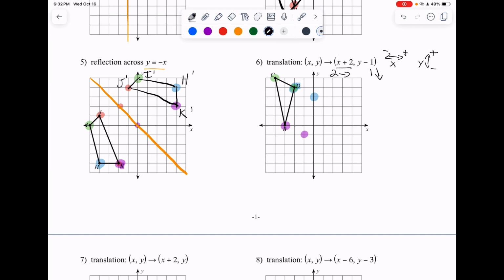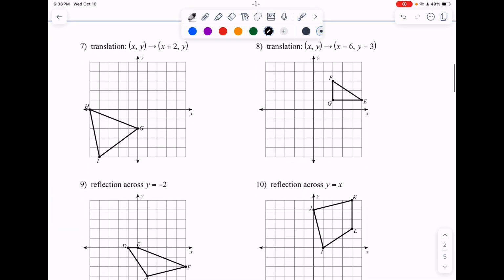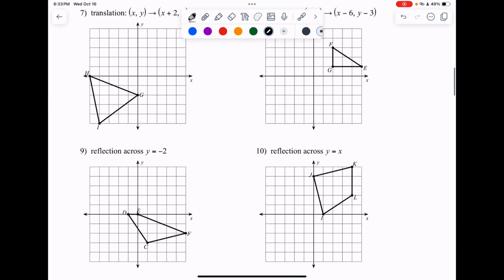So our new shape is going to be these 3 lines. And this will be C prime, where the D used to be, D prime, and B prime. I'm going to skip the next few because we've seen ones like them already.